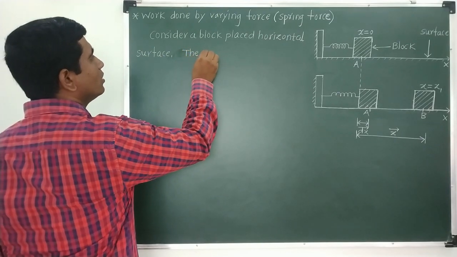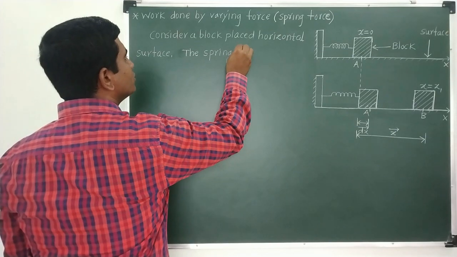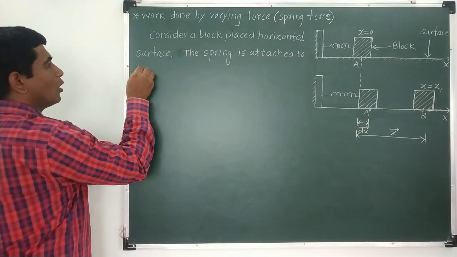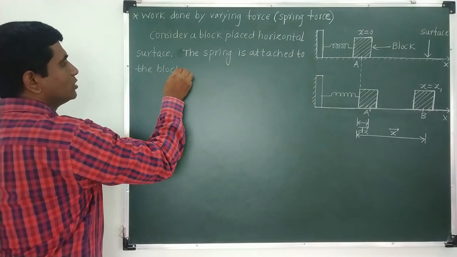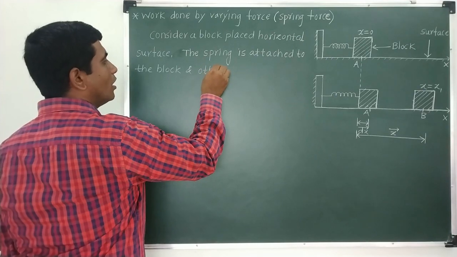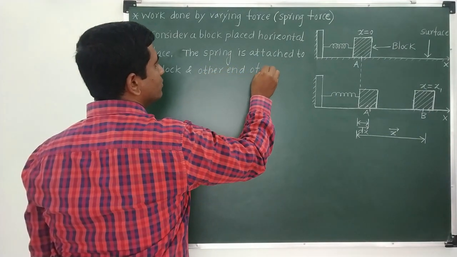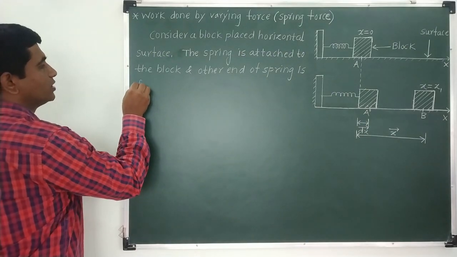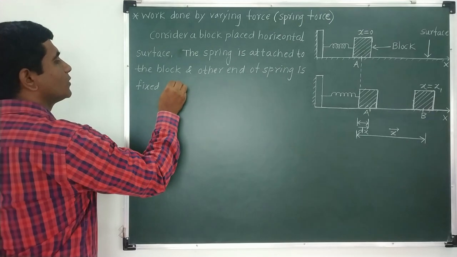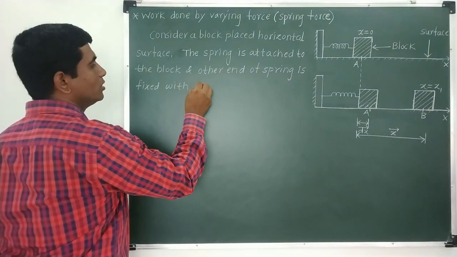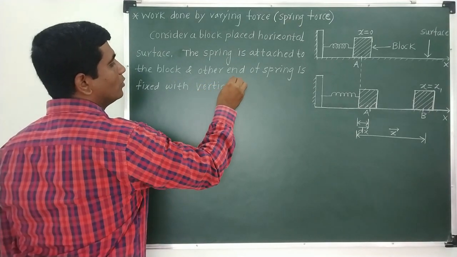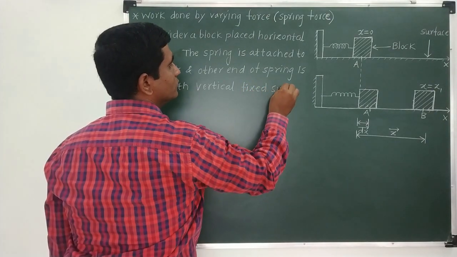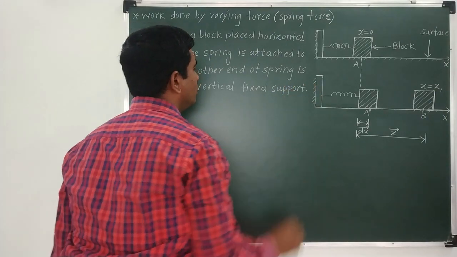The spring is attached to the block, and the other end of the spring is fixed with a rigid support, a vertical fixed support.